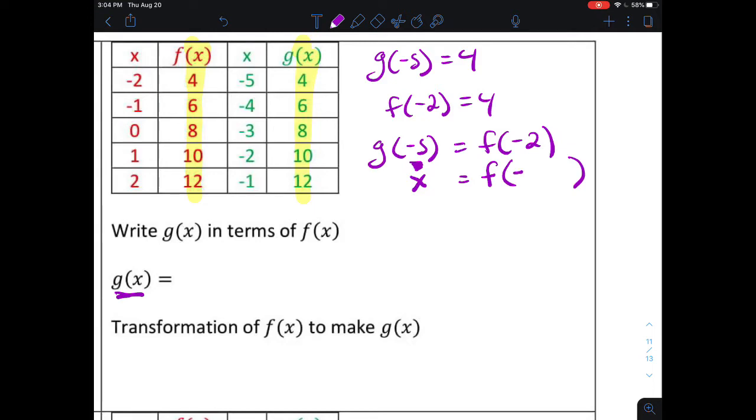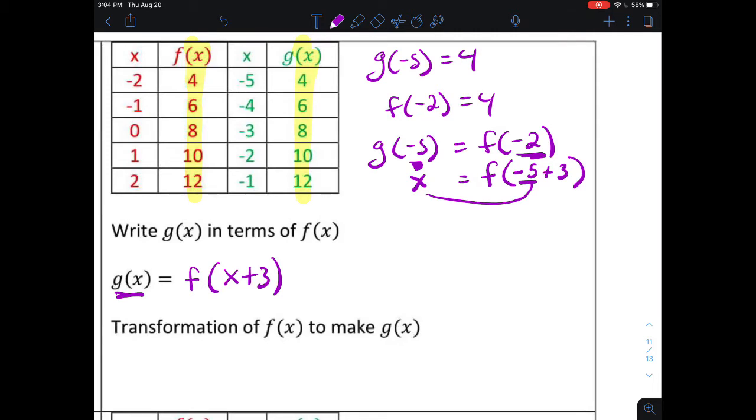Well, -5 plus 3 creates that -2. So there is that x part that I wanted to write for this statement. So g of x is equal to f of x plus 3, where if I put in -5 into both x's, I would create this same table of values.